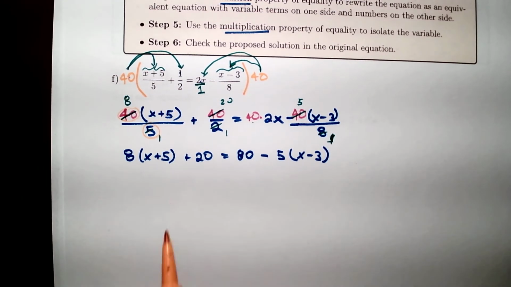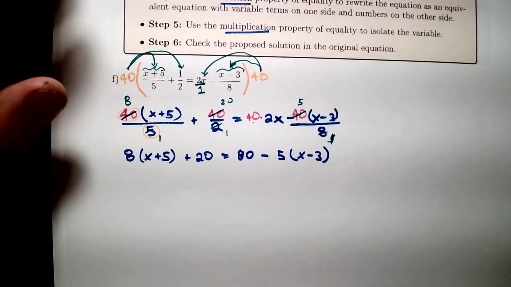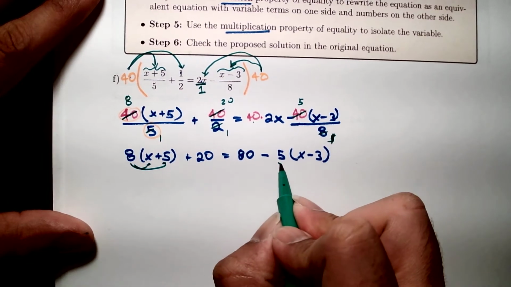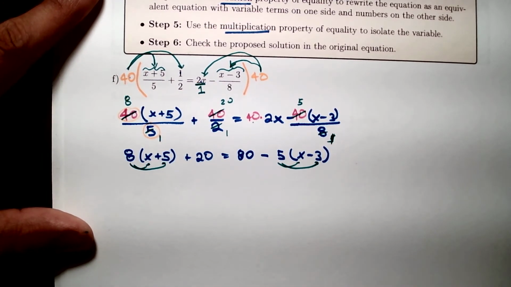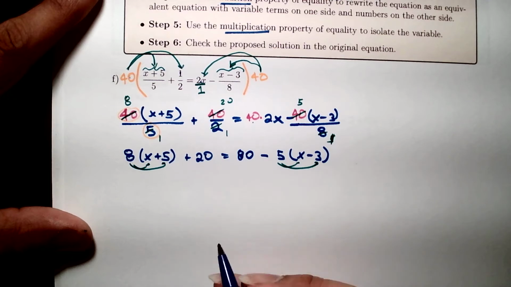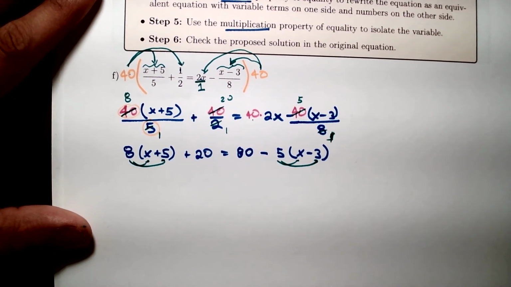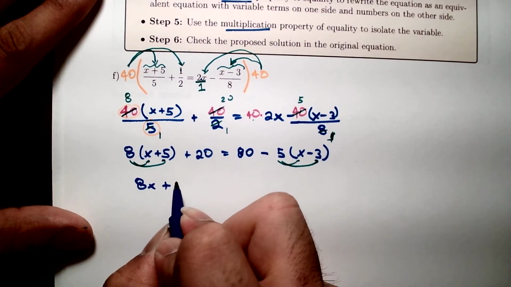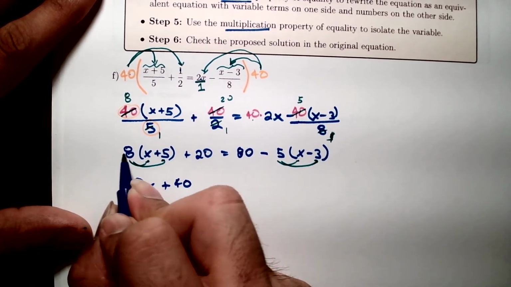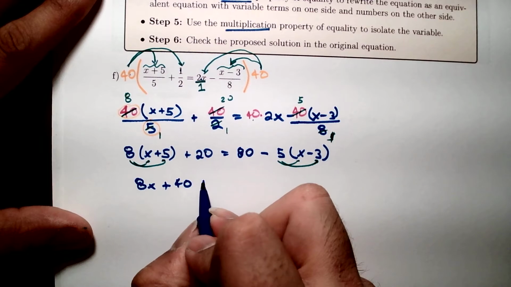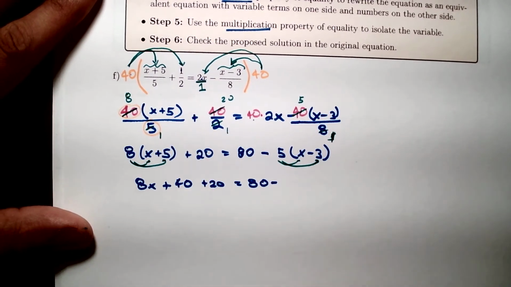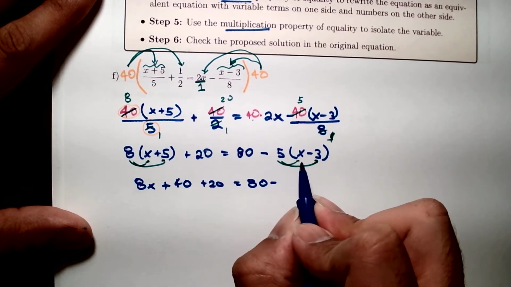Okay, so now the most prominent thing that we see here is the parentheses. So what are we going to do about those? Well, distribute and distribute. Be very, very careful with signs. All right, so 8 times x, 8 times 5, that's a 40 plus 20, and then 80 minus 5x.